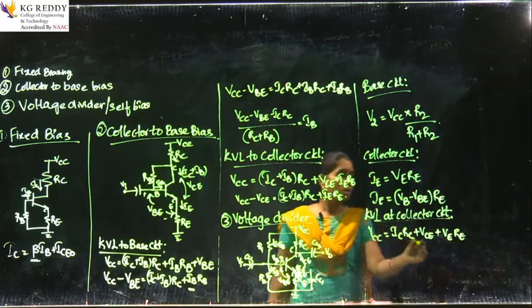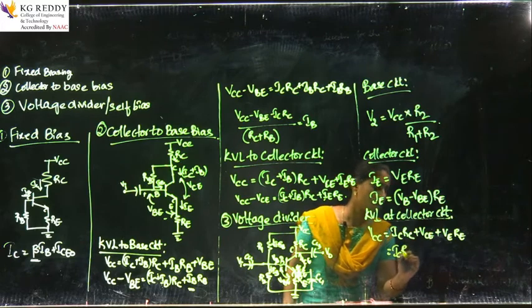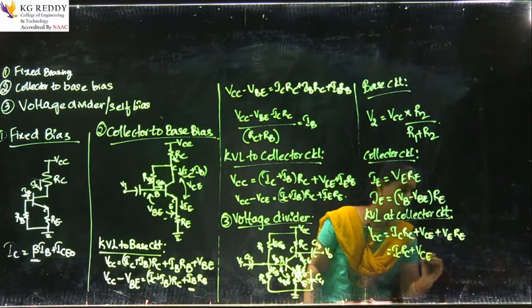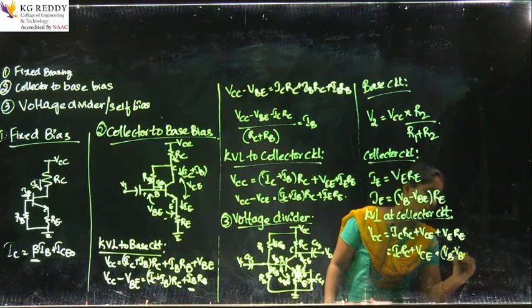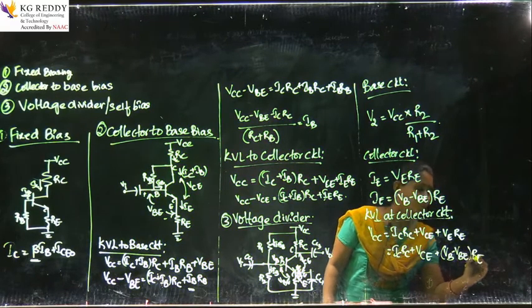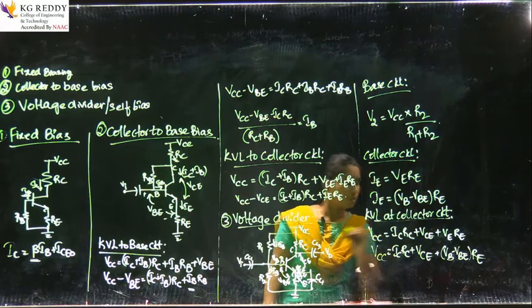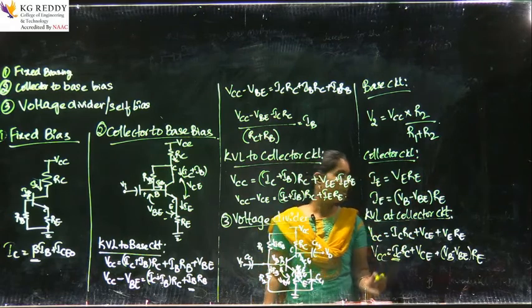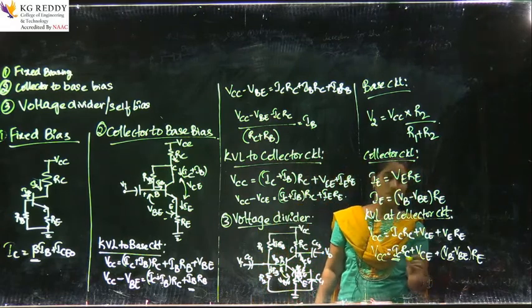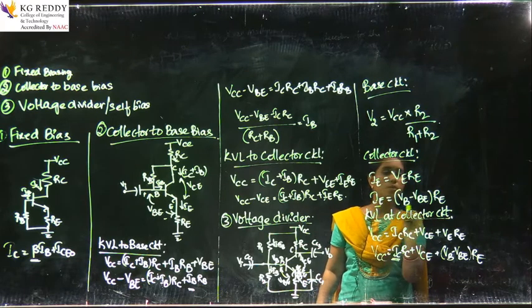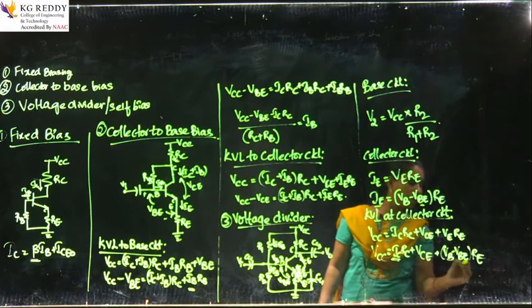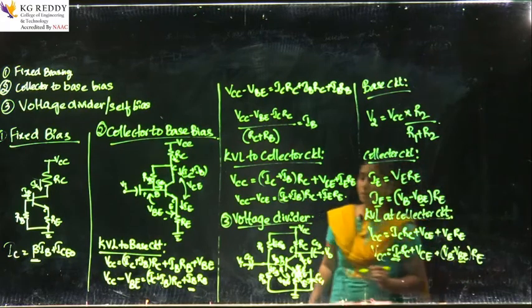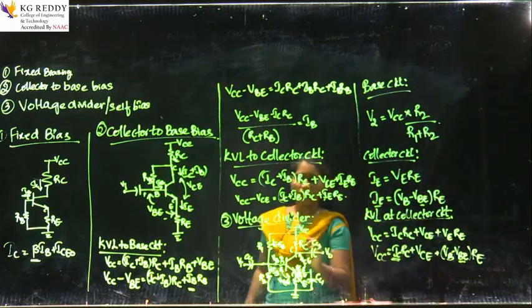Means the emitter current is depending upon your VBE voltage, and as well the collector current is depending upon your VBE. As VBE changes, the collector current also changes.